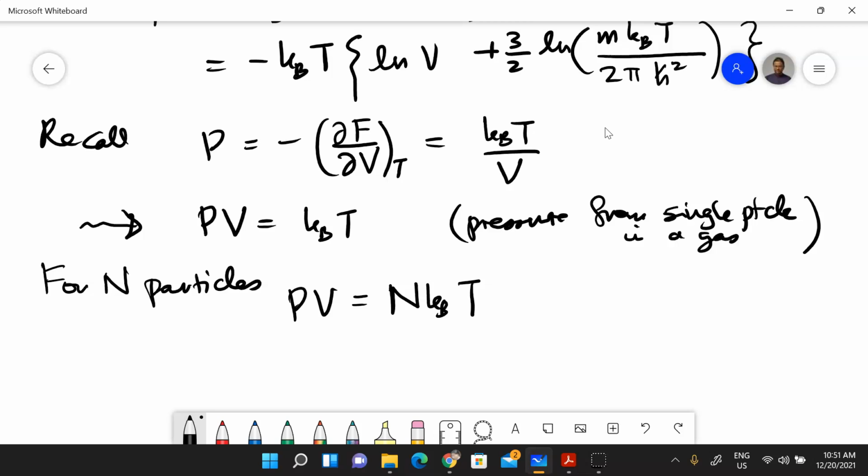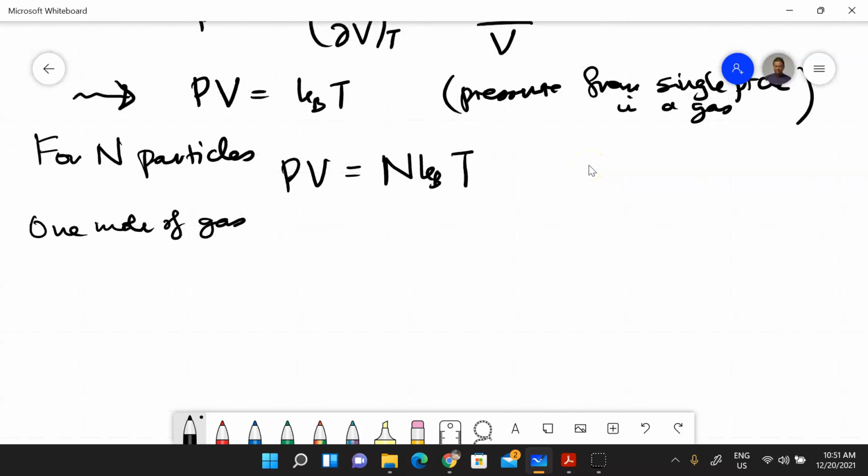So if you have 1 mole of gas, then your N equals Avogadro's number.